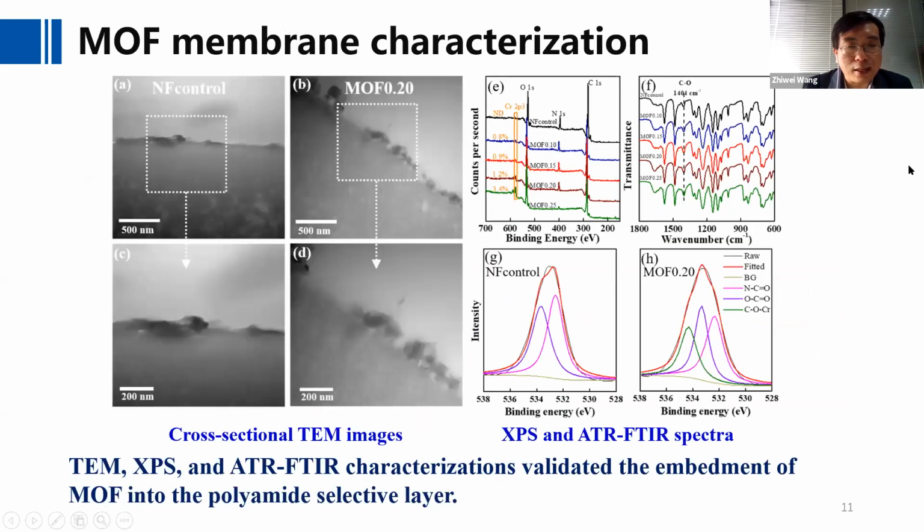Then we incorporated the MOF materials into the polyamide active layer. During interfacial polymerization, we put the MOF particles, with a predetermined dosage, into the TMC hexane solution, and through interfacial polymerization we could incorporate the MOF particles into the PA active layer.